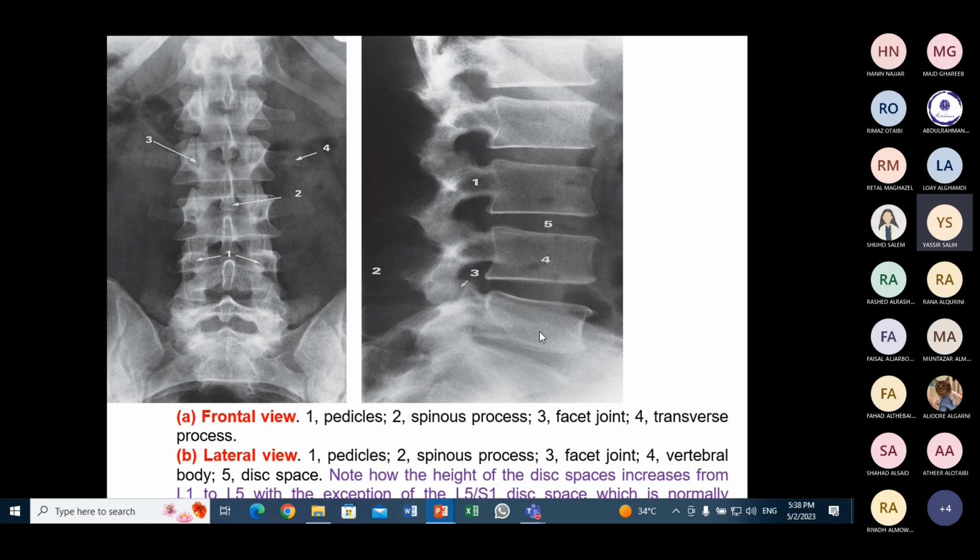This is L5, the fifth vertebra, and this is sacral number 1. The disc space between L5 and S1 is normally narrow compared to the others.